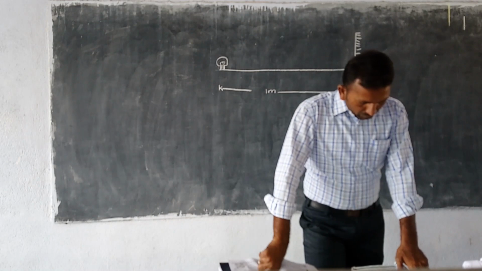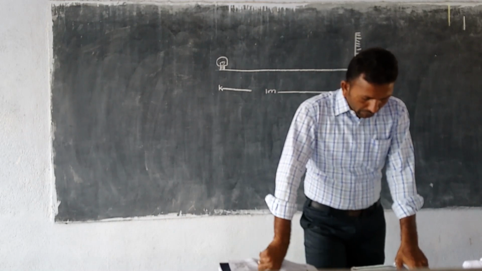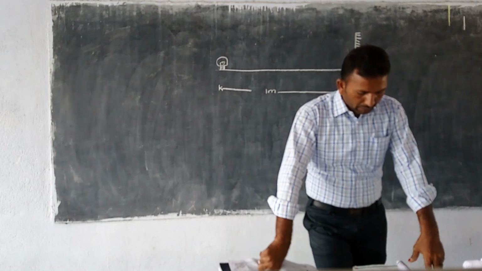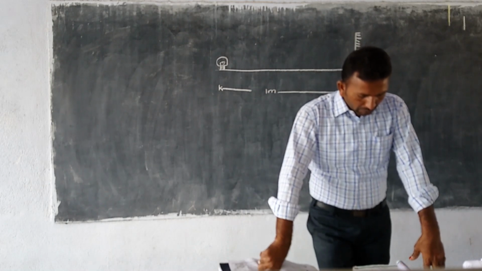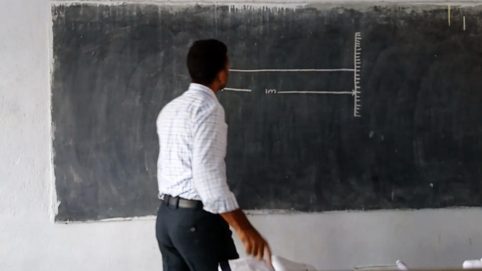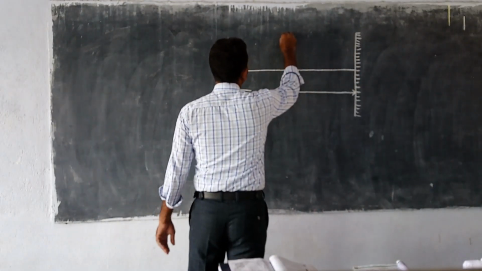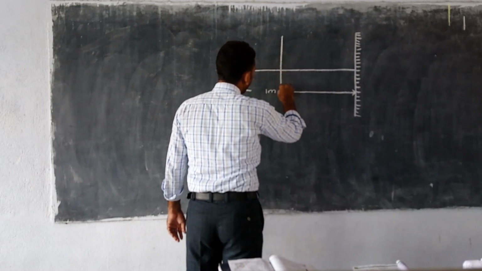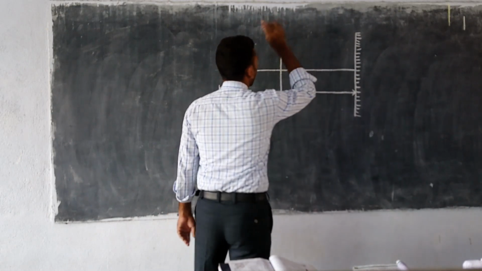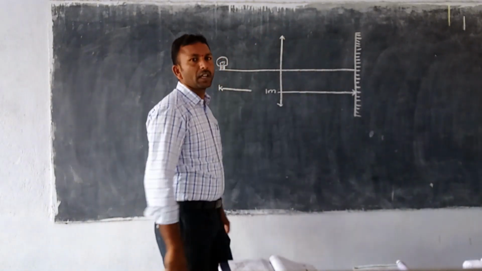And at what positions of the convex lens of focal length f equal to 21 centimeter will the image of the lamp be sharp? Where should we keep the lens? Here I am keeping the lens, which is a convex lens.